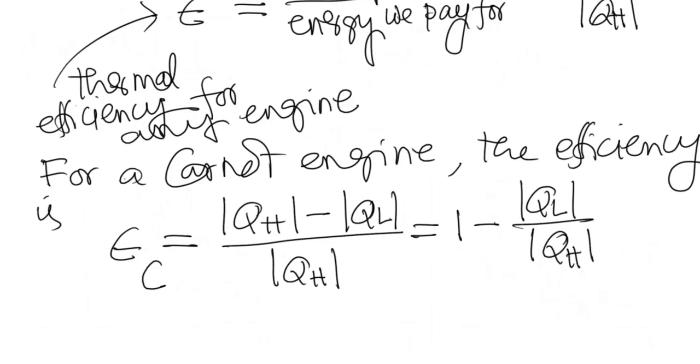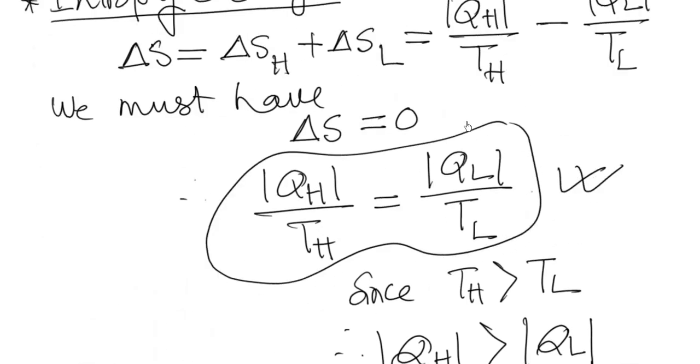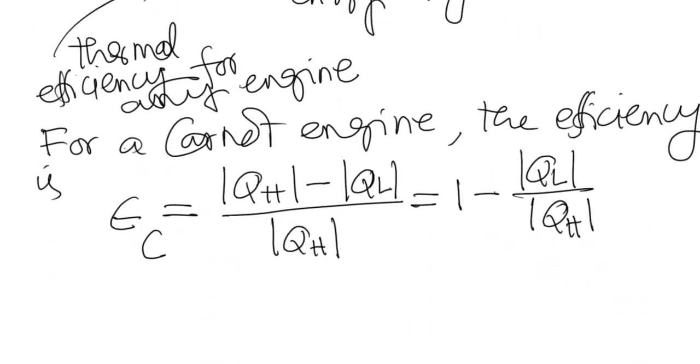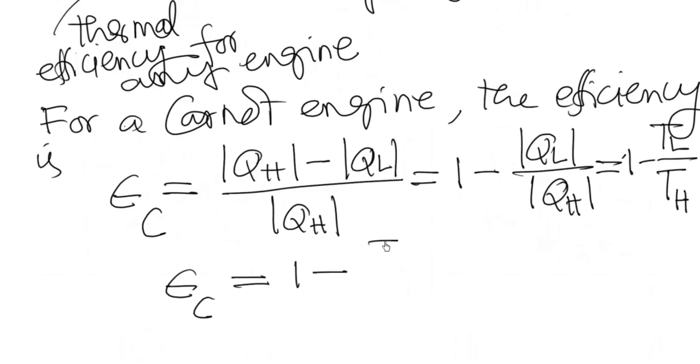But we have found from this relation that Q_H by Q_L equals T_H by T_L. So Q_L by Q_H equals T_L by T_H, which can be written as 1 minus T_L by T_H. So you see the efficiency of the Carnot engine is 1 minus T_L, the low temperature, divided by T_H, the high temperature.